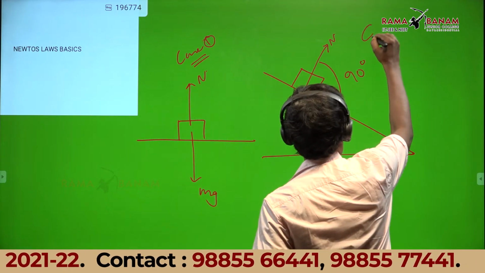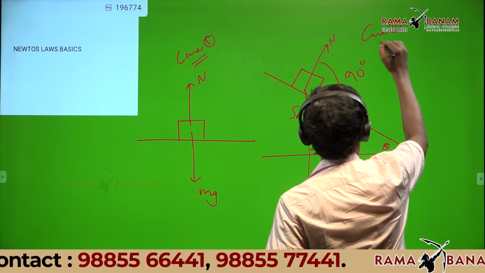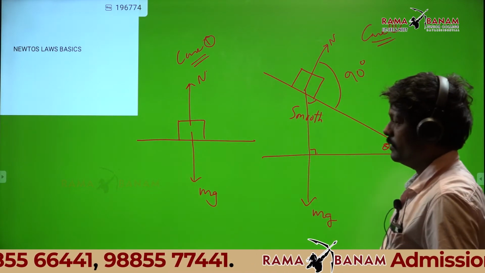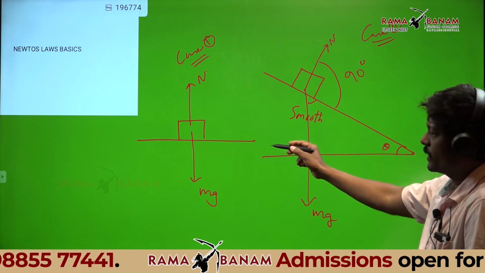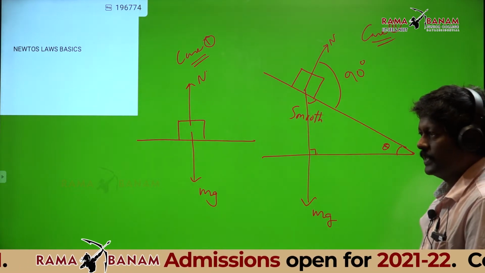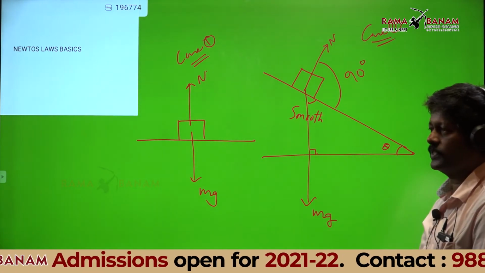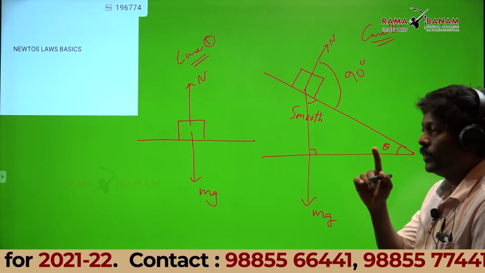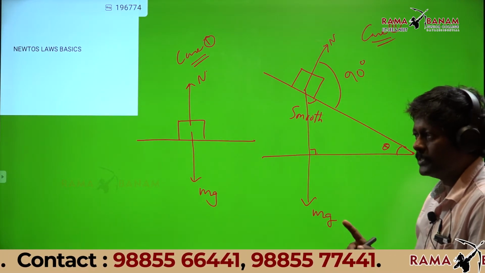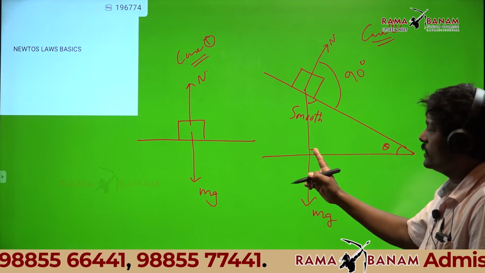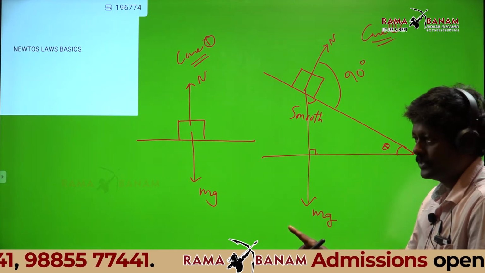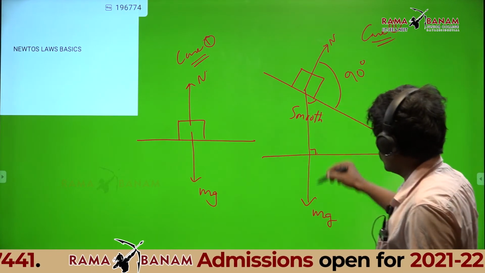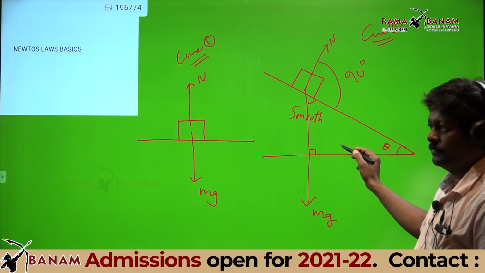This is case 2. In case 1, normal reaction is perpendicular to surface. mg is also perpendicular to surface. Both are perpendicular. But the point you have to keep in mind is, normal reaction is always perpendicular to surface. mg need not be perpendicular to surface.